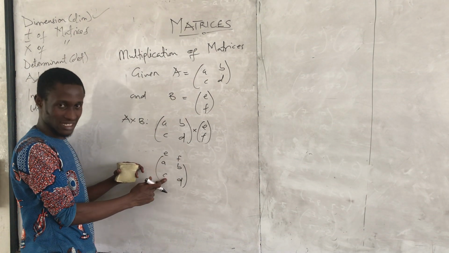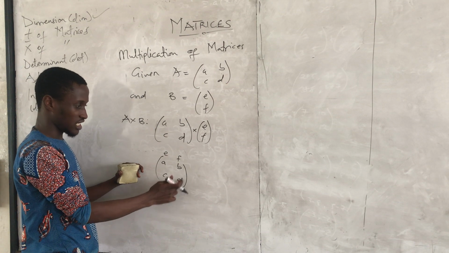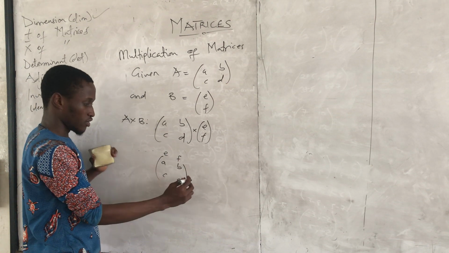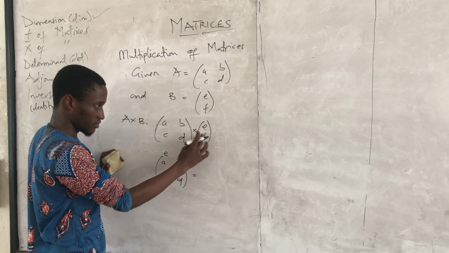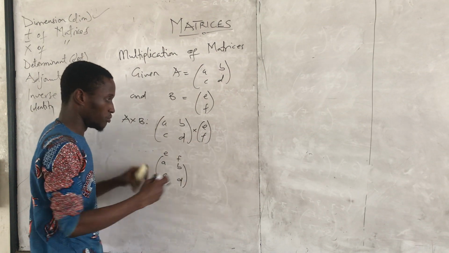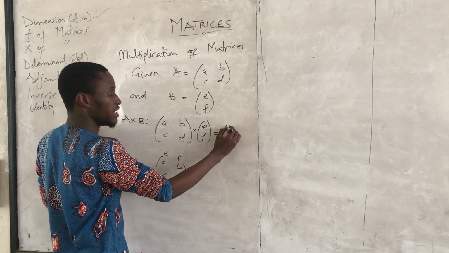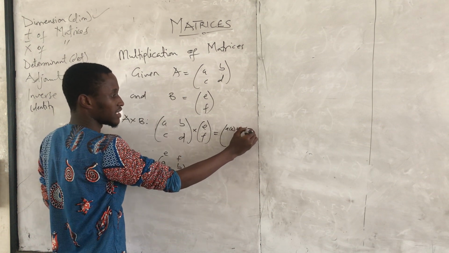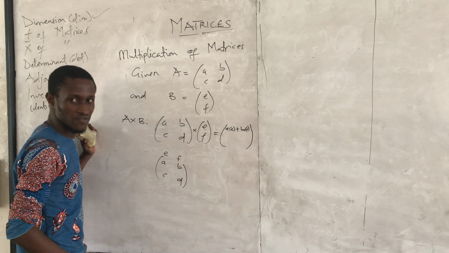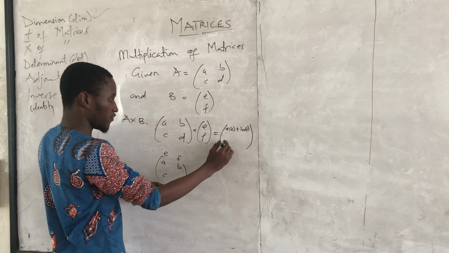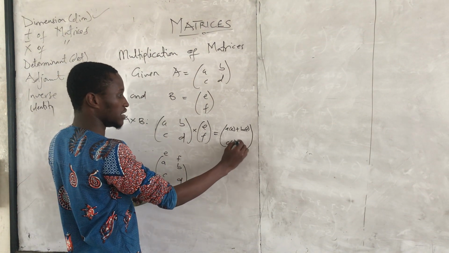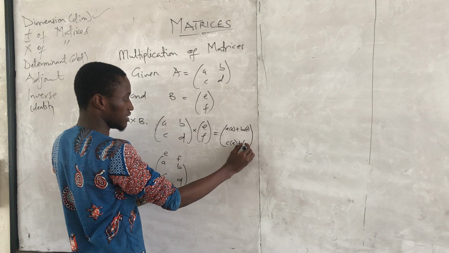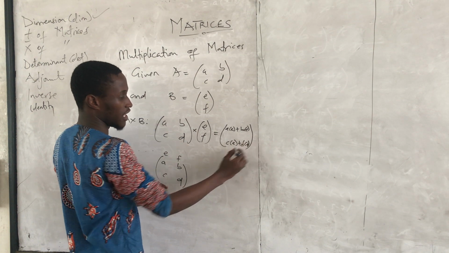Similarly, this will multiply this, and it will add to this times this. So this one will be like A times E plus B times F. Then you have C times E plus D times F.